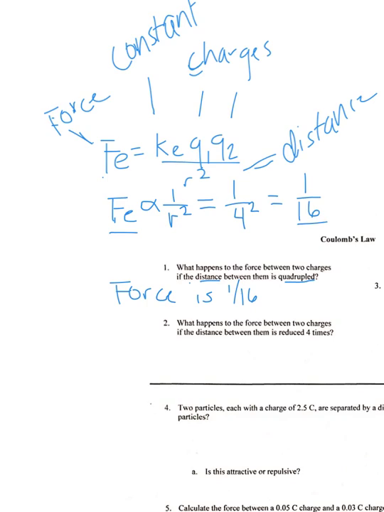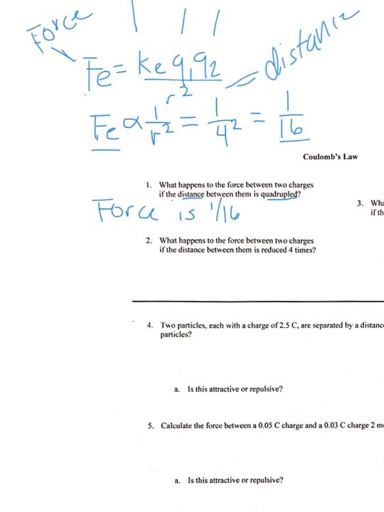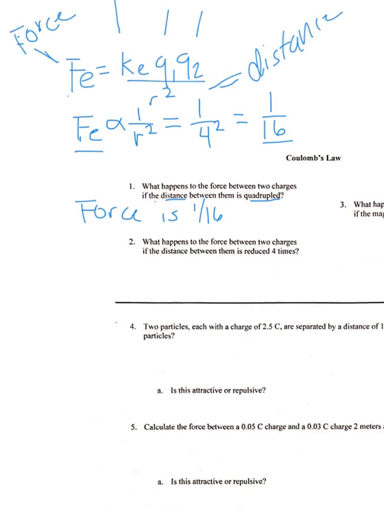Now we're going to go on to number 2. Number 2 says, what happens to the force between two charges if the distance is reduced 4 times? Okay, so if it's reduced 4 times, then this means that it's 1/4 of what it was originally. So again, we're starting with that proportionality.